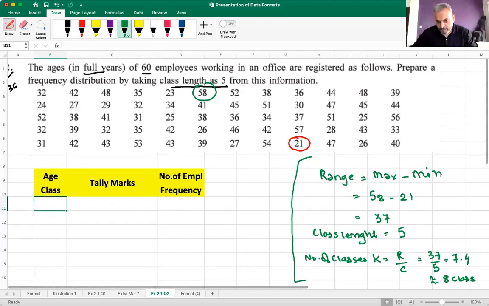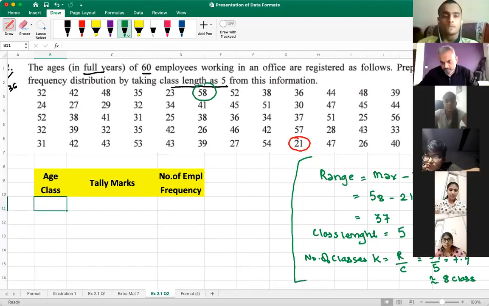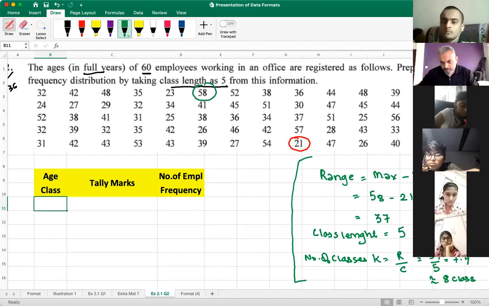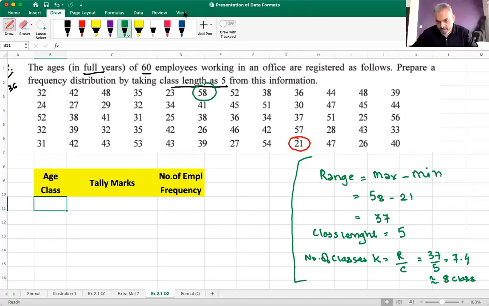Any doubt in this? Sir, your voice is breaking. Okay. Now, once again, I'll repeat this because of the network issue. Range is maximum minus minimum. So maximum is 58, minimum is 21.